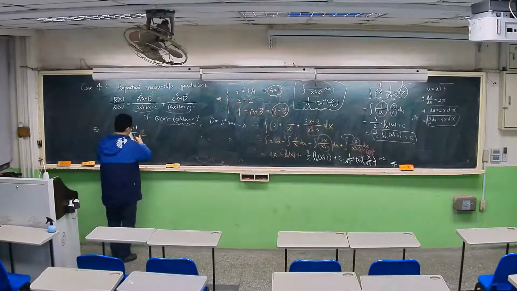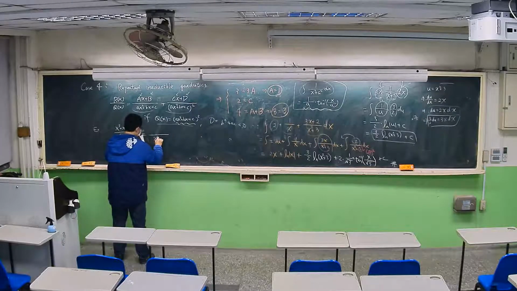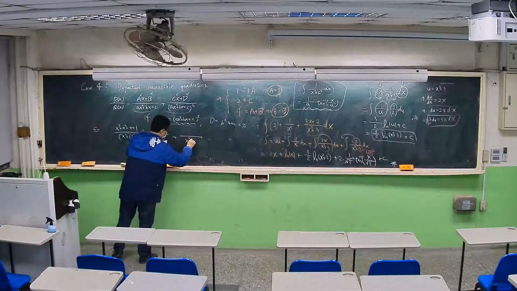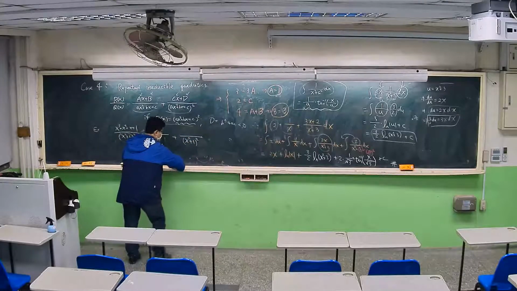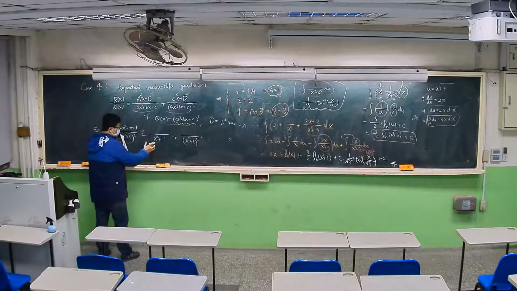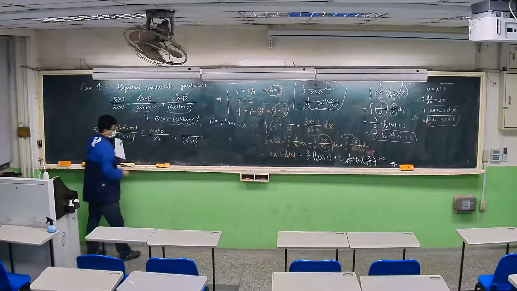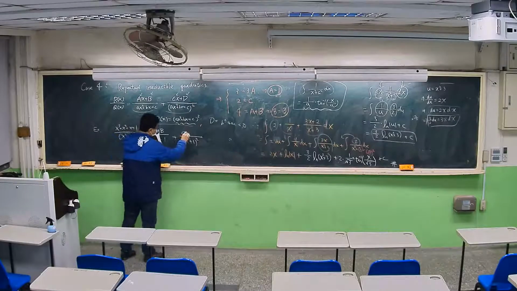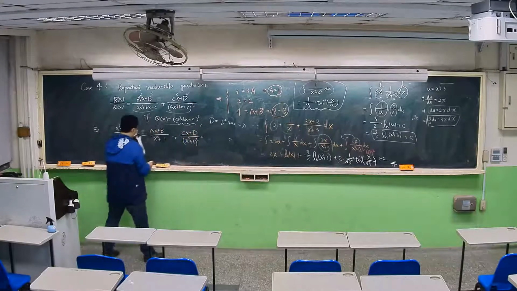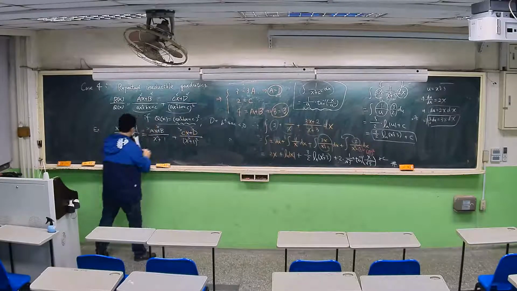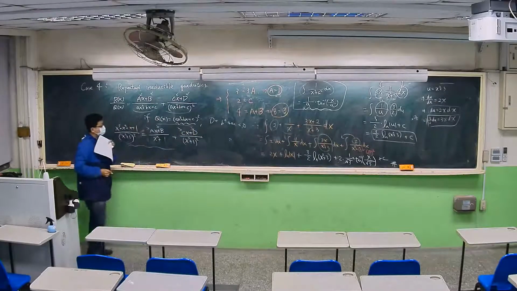We always could rewrite it this way. We know x squared plus 1 is an irreducible quadratic, and its degree is 2, so the numerator is ax plus b. And it has a repeated irreducible quadratic, so it's cx plus d. We can always figure out the constants a, b, c, d such that this equation holds.